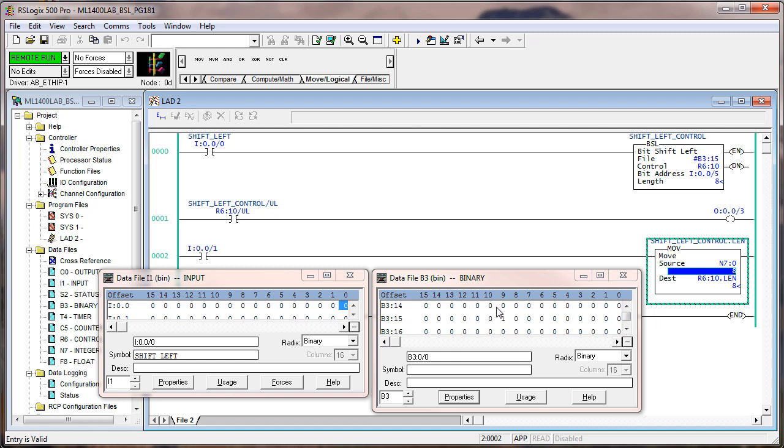But in between this being shifted the last time and what we're going to do next, we changed the length to 8. So when we shift now, the unload bit's never going to come on for that one because we changed the length word in the control element R6:10.